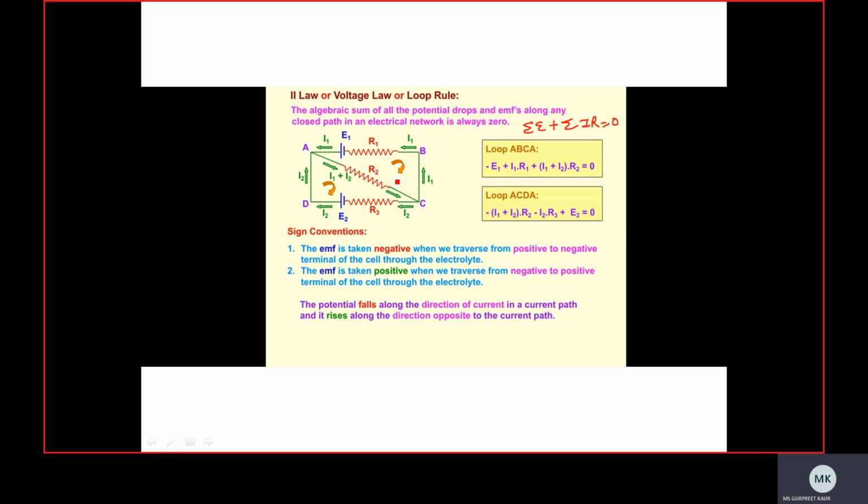Now come to this resistance. Because you are traversing in a clockwise manner, from C to A to B, B to C, C to A, see the current I1 plus I2 through resistance R2. It is in a direction opposite to your direction of motion in the loop.